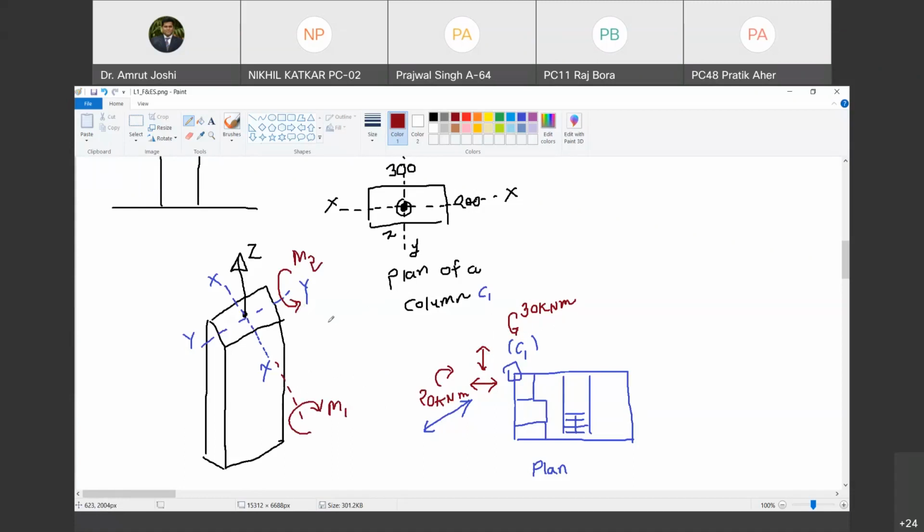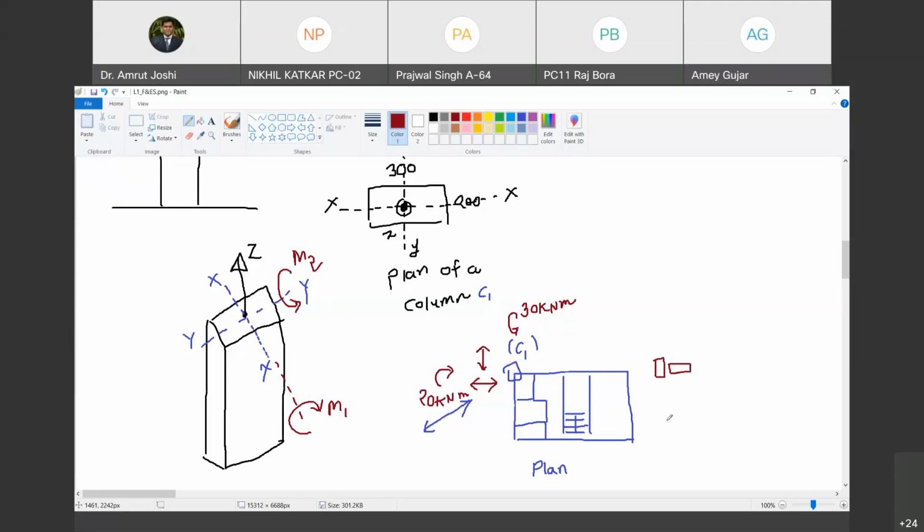How will you orient this column? Will you have this longer face along the longer face of the building, or will you have the shorter face along? That means, will you orient the column in this fashion, or in this fashion? Are you able to understand my question?